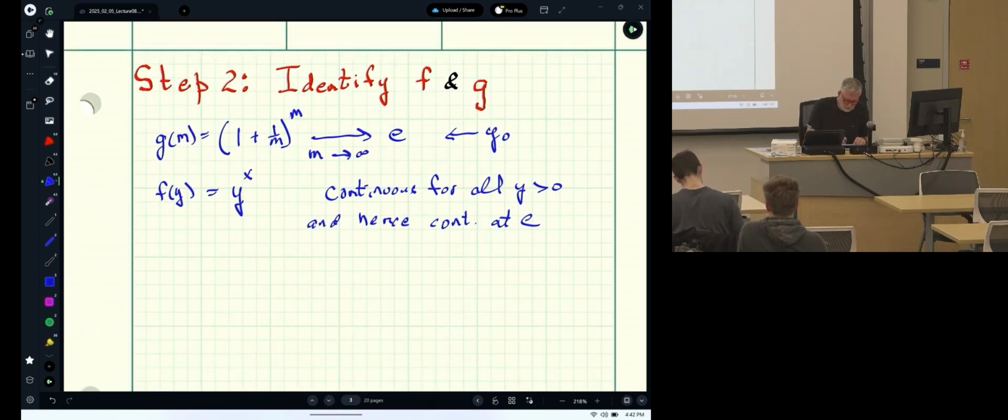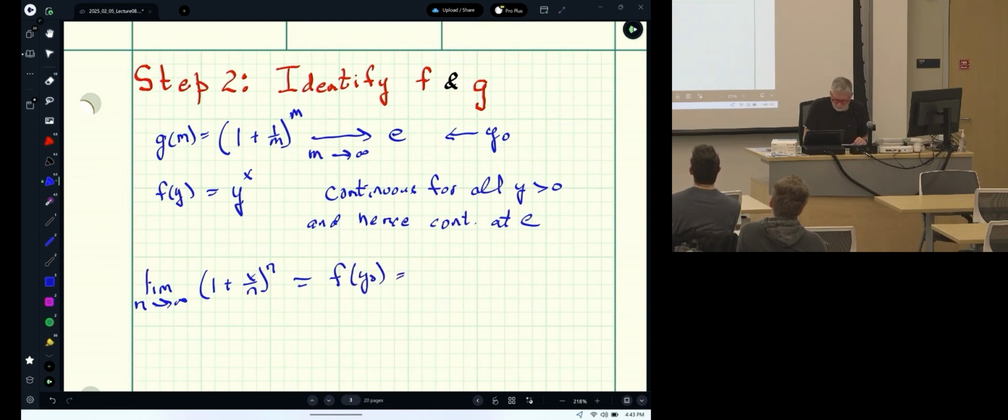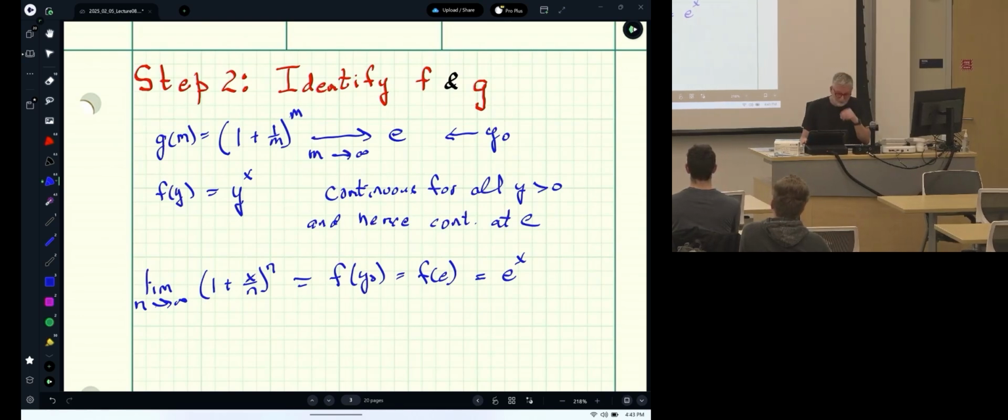And so we get that the limit as n goes to infinity of (1 plus x over n) to the n is equal to f of y0, which equals f at e. And so it's just e to the power x. Okay, so we replace y with e. We get e to the power x. Pretty cool? Semi-cool? Yeah, okay.